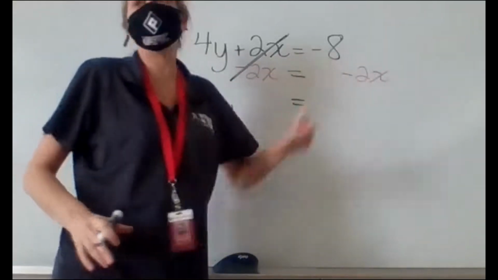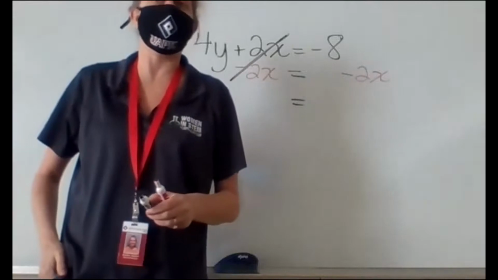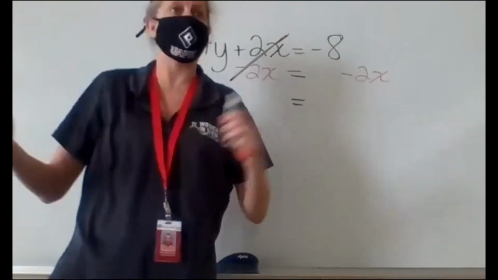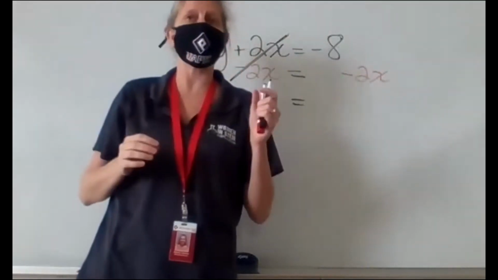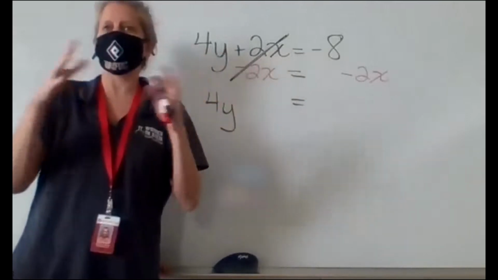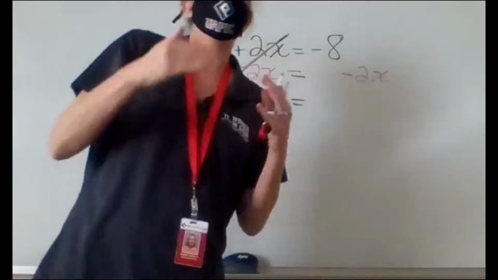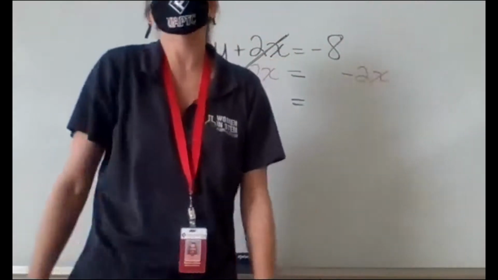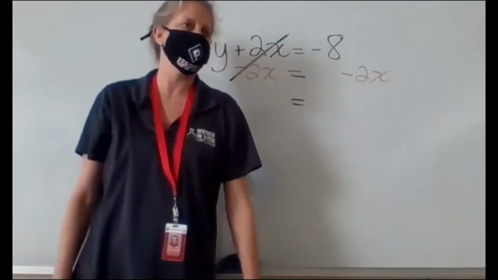Now, these two terms are not like terms, right? I can't put that negative 8 and that negative 2x together because one's an x and one isn't. So they're just going to come down as two separate terms. It doesn't matter who comes first and who comes last. I'm going to put my negative 2x in front of my minus 8, only because I just like my x to come first and my other number to come last.